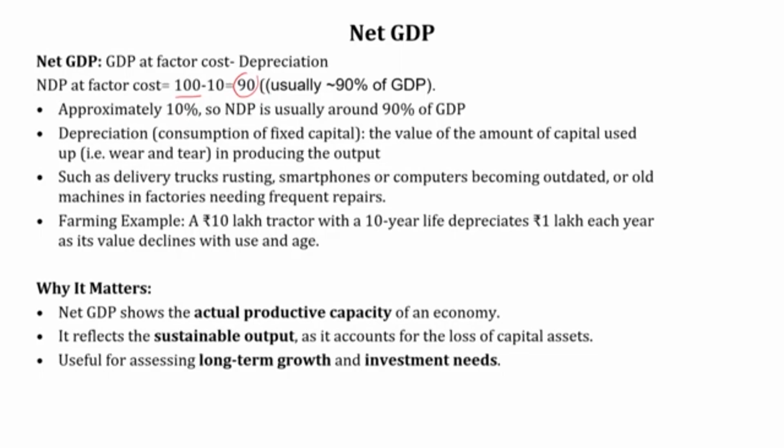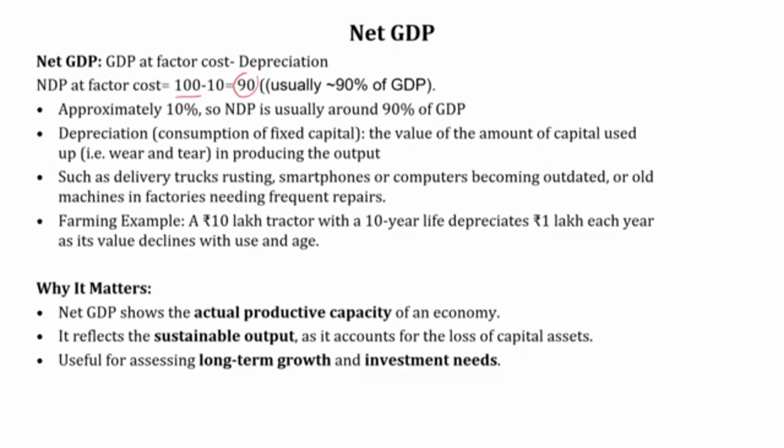So the lifetime value of the tractor is 10 lakh, then the depreciation every year is 1 lakh, so that we need to account. Every year when a farmer is producing goods and services, the tractor he is using suffers 1 lakh of wear and tear. That we need to exclude from the GDP at factor cost to get the NDP at factor cost.